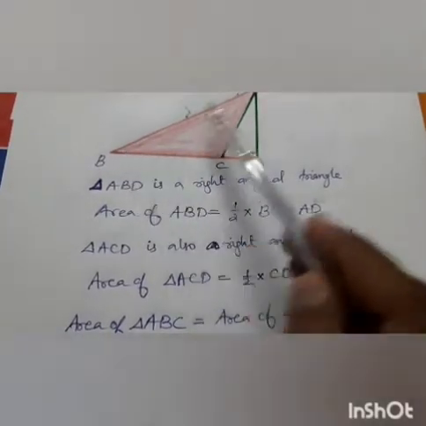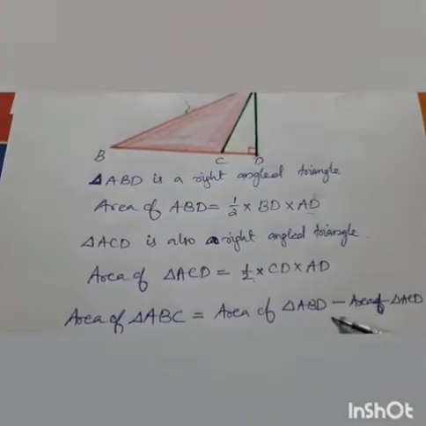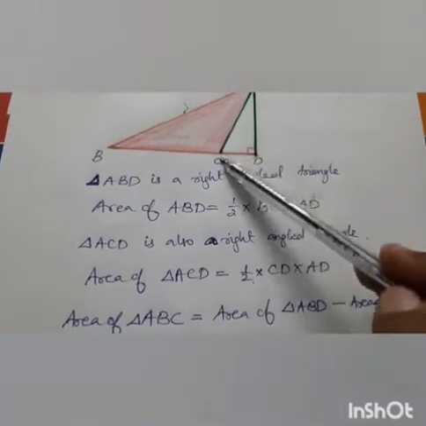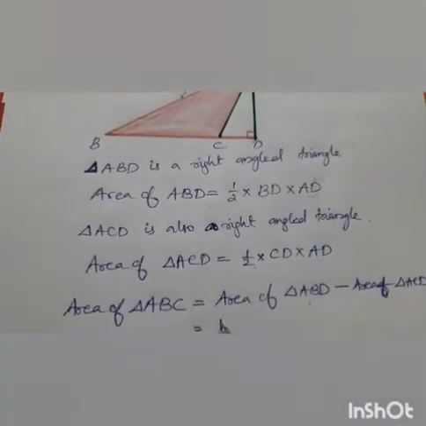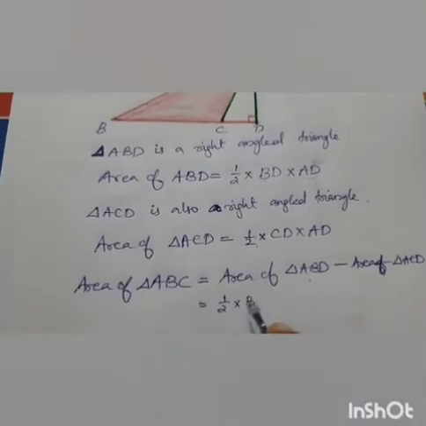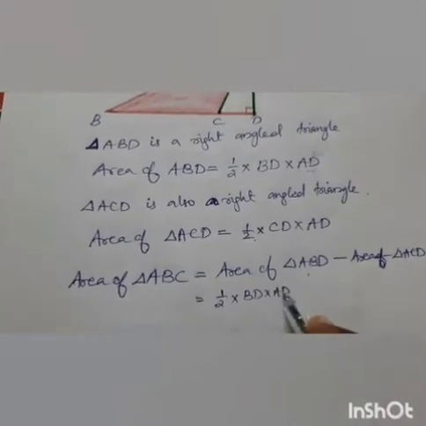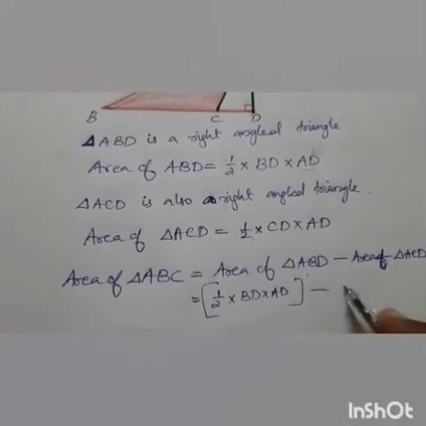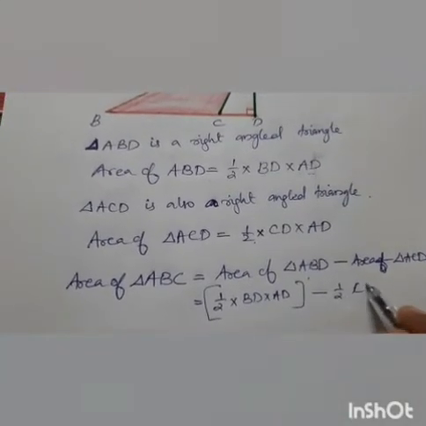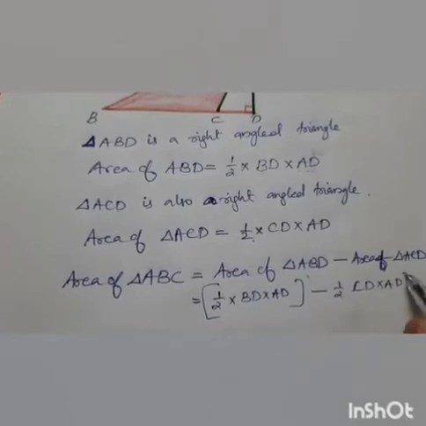So area of ABD minus area of ACD. So what is the area of ABD? That is half into BD into AD, minus area of ACD, half into CD into AD.